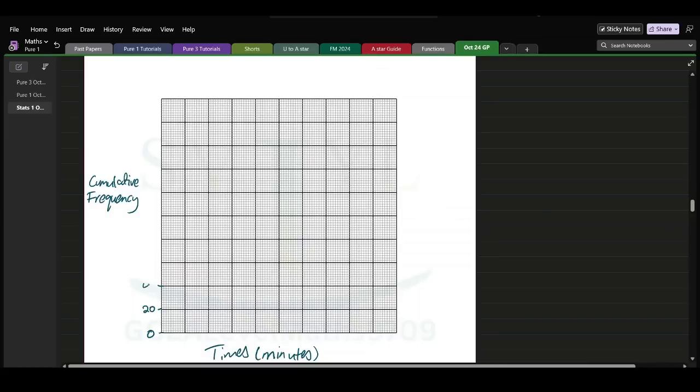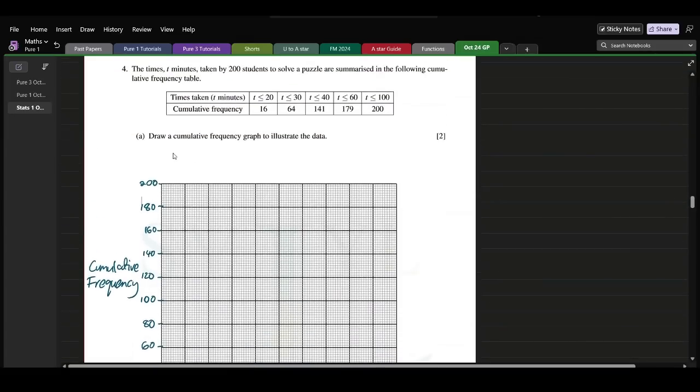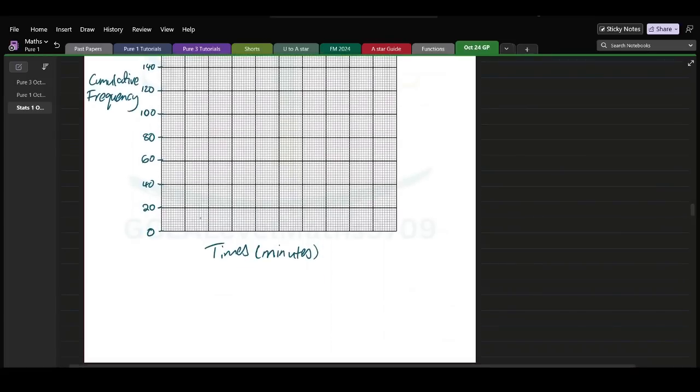So that's 20, 40, 60, 80, 100, 120, 140, 160, 180, and then finally 200. Alright, and we do the same on the x-axis. It also looks like we've got 10 boxes and we're moving from 0 to 100. So this here is 0, this is 10, this is 20.